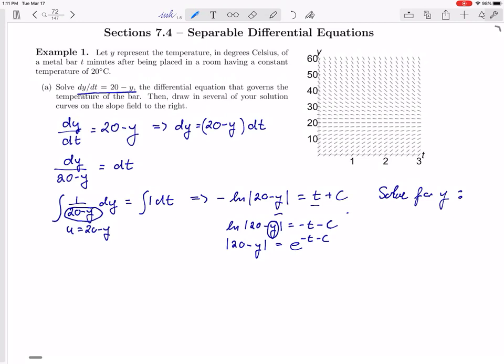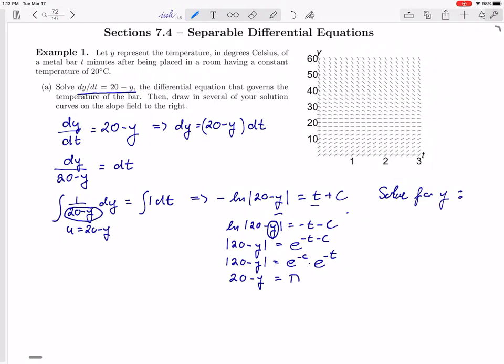I can rewrite that as the absolute value of 20 minus y is equal to e to the minus c times e to the minus t using laws of exponents. So both sides, the left and the right, are positive. I won't need to drop the absolute value on the left-hand side to get to that y, and that causes my right-hand side to also become, or I need to allow it to be negative.